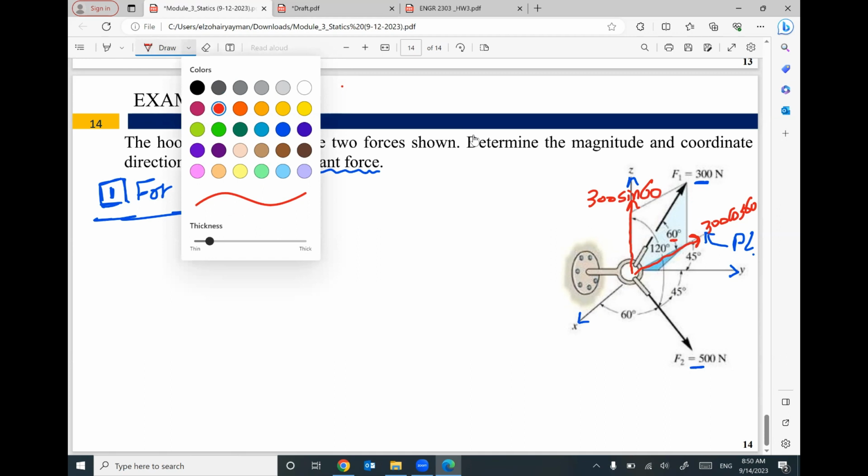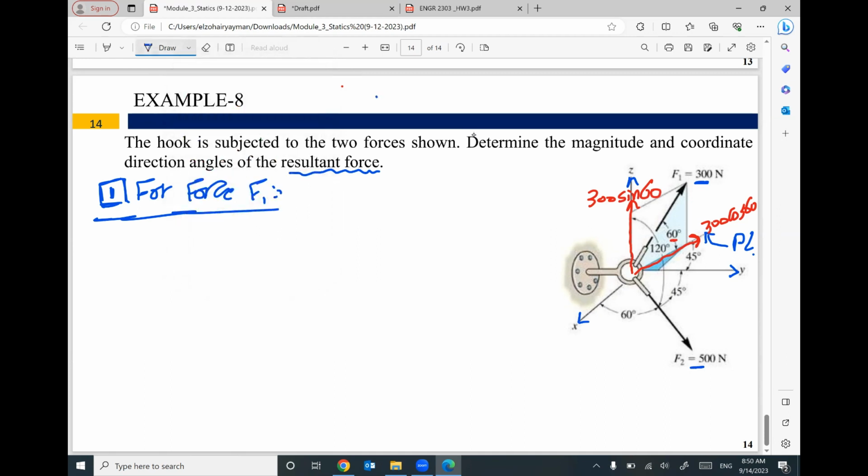The next step, I will break the projection line component, which is 300 cosine 60, between the X direction, which is in this way, negative, and the Y direction. Which angle is available between the two blue lines?